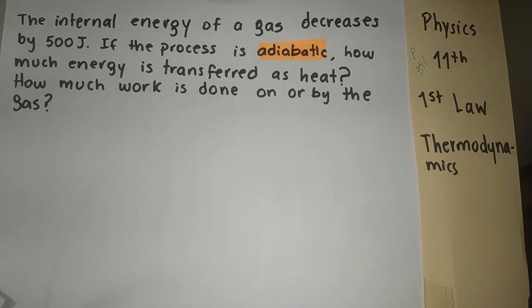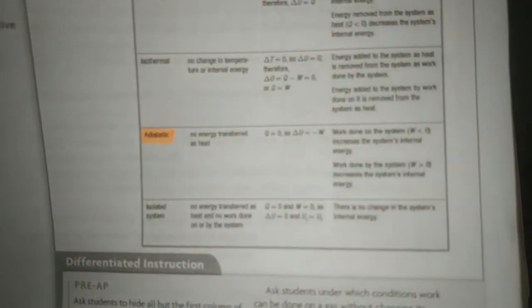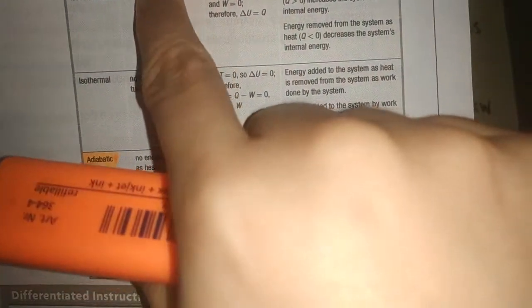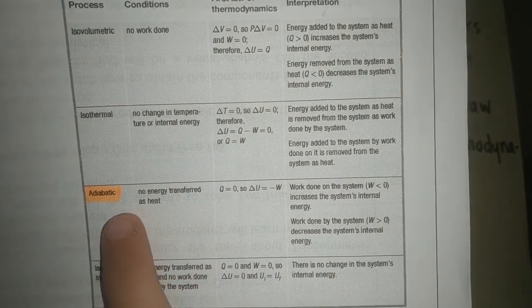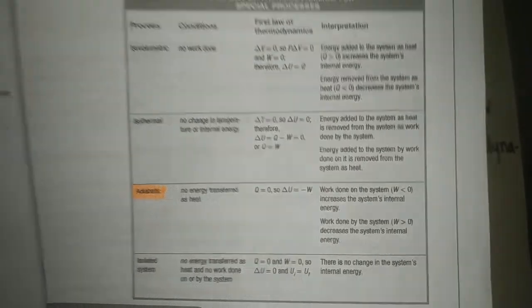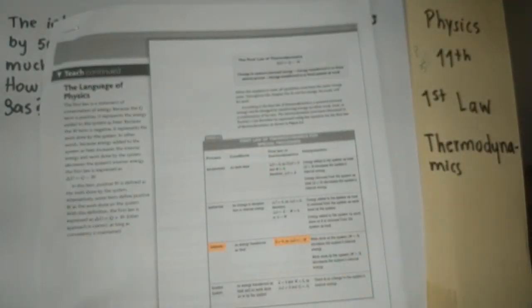Now, adiabatic process, what is that condition? Remember, that is in page 340, the table. The condition is here, the second row, the second column. Adiabatic says, no energy is transferred as heat. What does it mean? That Q equals 0.